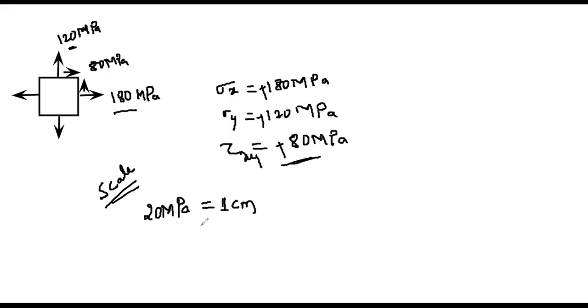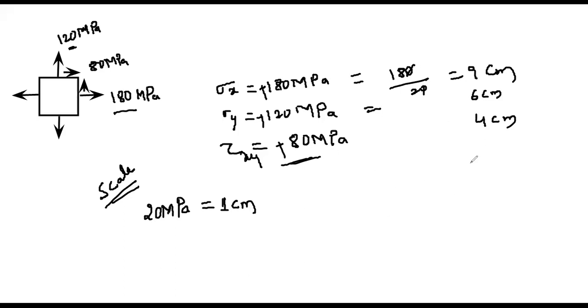If I take 20 megapascal equal to 1 centimeter, then sigma x will be 180 divided by 20, so we'll get 9 centimeter here. Sigma y will be 6 centimeter, and the shear will be 4 centimeter.